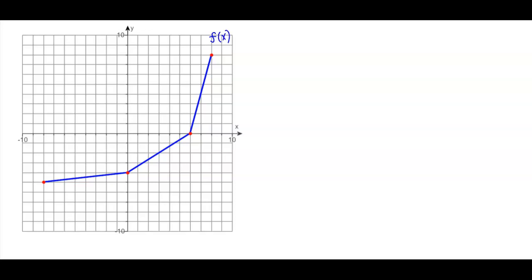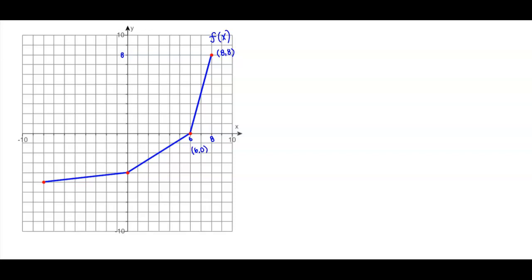So let's figure out what each ordered pair is. This ordered pair, we have 8, and this is also an 8 here. So this ordered pair represents (8, 8). Now this ordered pair is 6, 0. So this ordered pair is (6, 0).